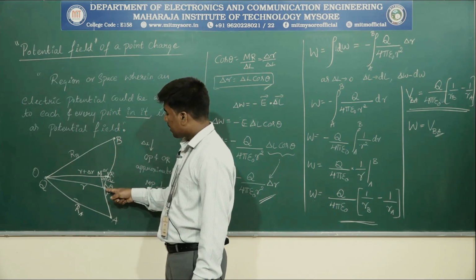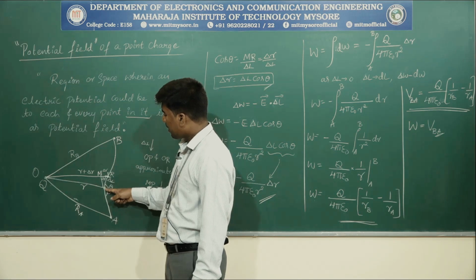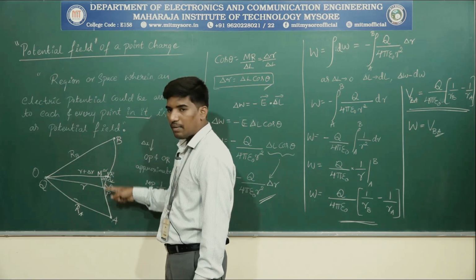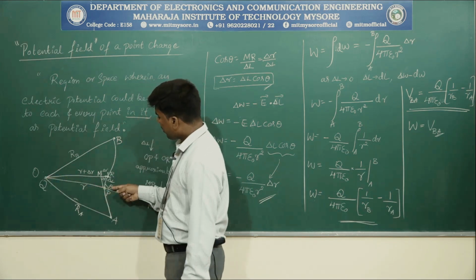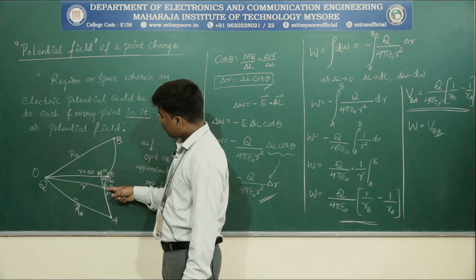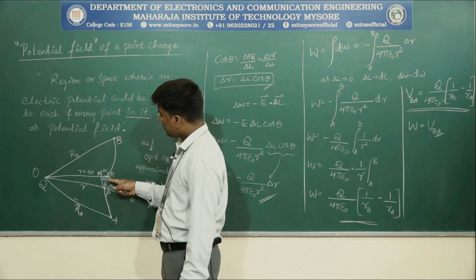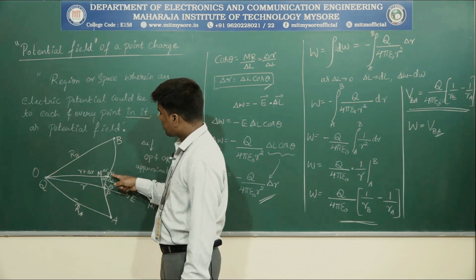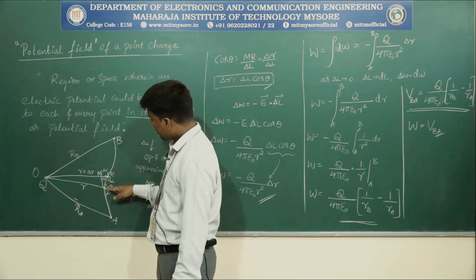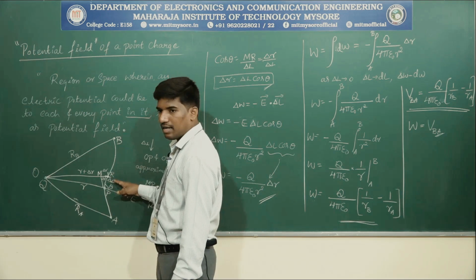Let us consider a point P on the particular path, which is at a distance r from the origin. Now it is required to move a certain distance delta L within the given path. That point is considered as R. So the distance between P and R is delta L.